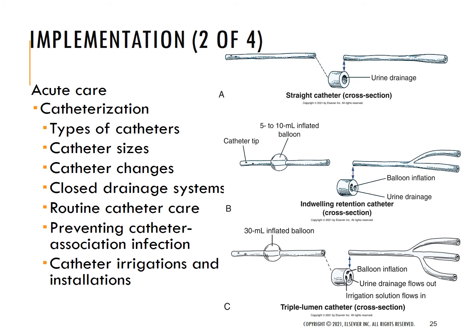When a patient has an indwelling urinary catheter, that tubing is holding open the urethral meatus. So basically, it's providing a portal of entry for infection. So it's very important that the nurse provides routine Foley catheter care.